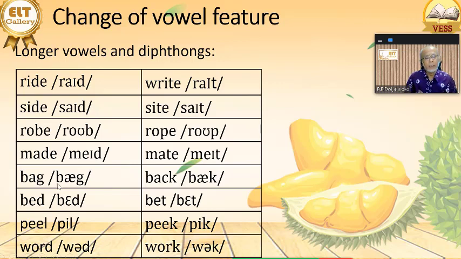Here, as we see, the diphthong and the vowel are long before a voiced consonant and short before a voiceless consonant.